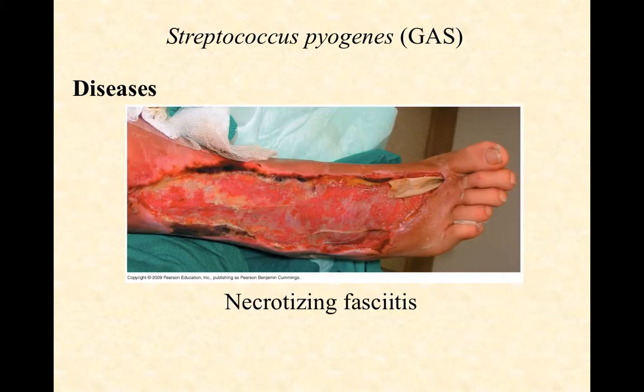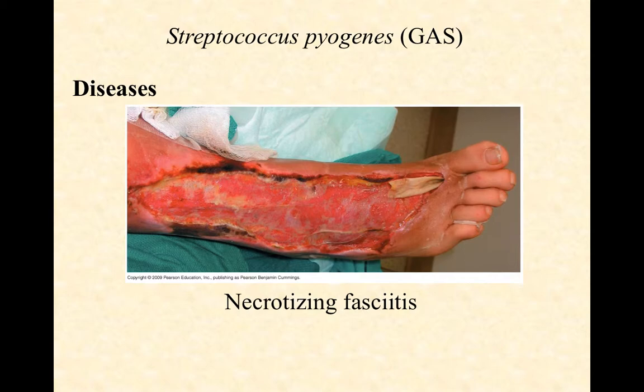Now, a very rare but highly complicated, high mortality infection is what we call necrotizing fasciitis. Necrotizing fasciitis can be caused by a variety of organisms, but group A strep seems to be the most common. It would be an invasive form of group A strep. There would be enzymes like hyaluronidase, possibly even collagenases involved, and other virulence factors that are not allowing our immune system to get in there and destroy that organism before it destroys a whole lot of tissue.